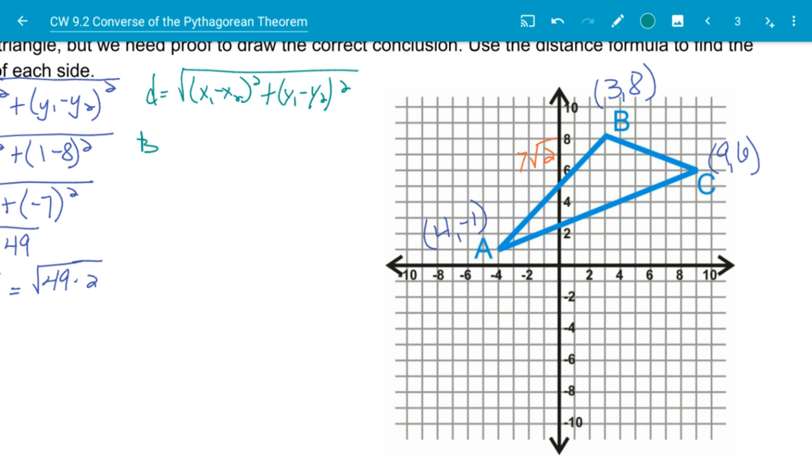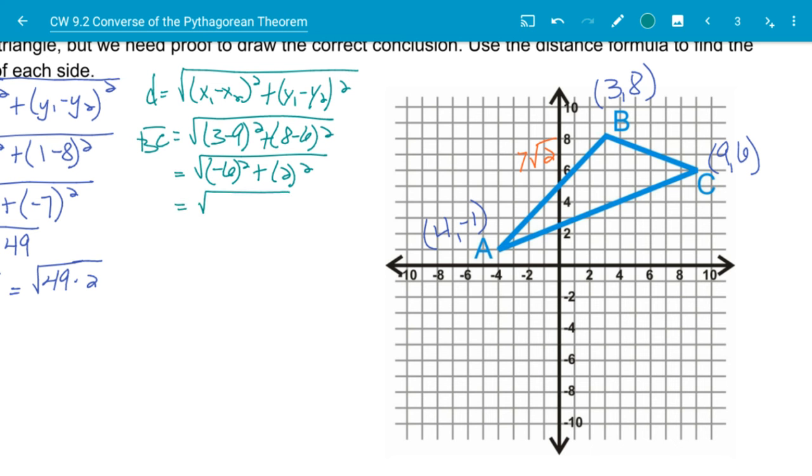So here, BC is equal to the square root of (3 minus 9) squared plus (8 minus 6) squared. So 3 minus 9 is -6 squared, plus 8 minus 6 is 2 squared. That's going to give me -6 squared is 36 plus 2 squared is 4. So that gives me the square root of 40.